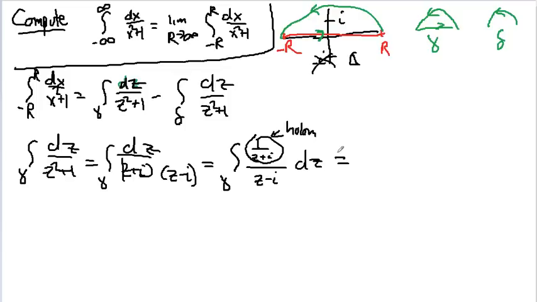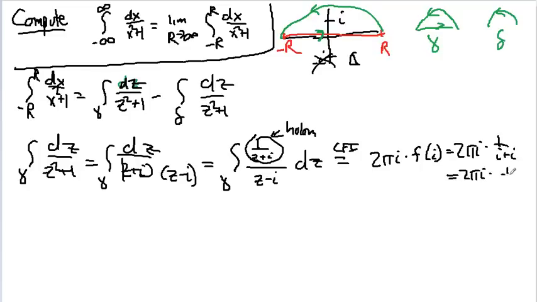So this, by the Cauchy integral formula, equals 2 pi i times f of i, where f is just the numerator: 2 pi i times 1 over i plus i equals 2 pi i times 1 over 2i. Oh, that just equals pi. So this is equal to pi minus whatever this integral is.